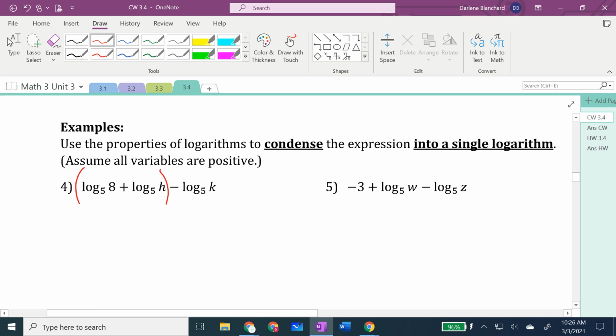I'm going to emphasize in red that I'm looking at an addition between two logarithms. And so when I condense that, I do multiplication of each logarithm's insides inside the condensed logarithm.